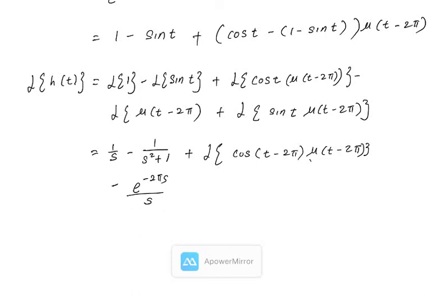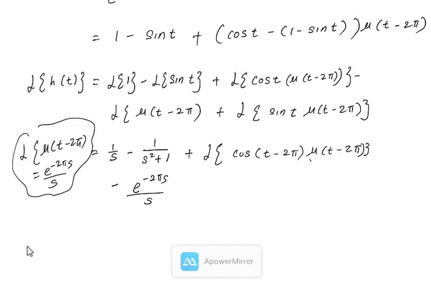So this is referred to the property Laplace transform of the unit step t minus 2 pi. You get exponent minus 2 pi s over s. Okay, so we change using this property, and then plus with, last one is the Laplace transform of the sine t minus 2 pi.